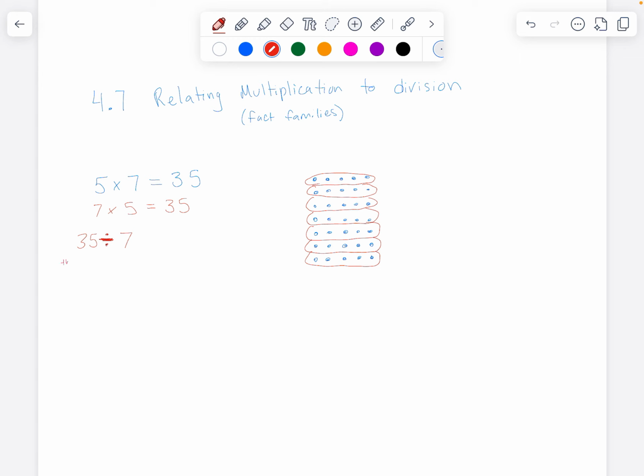So I can say 35 shared into 7 groups. Sorry, my handwriting's terrible. 35 shared into 7 groups. And if I did that, I can see that there are 5 in each group. Okay, so we did 35 shared into 7 groups, and there was 5 in each group.